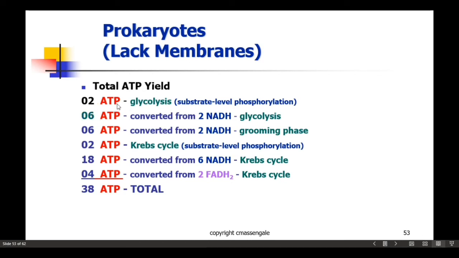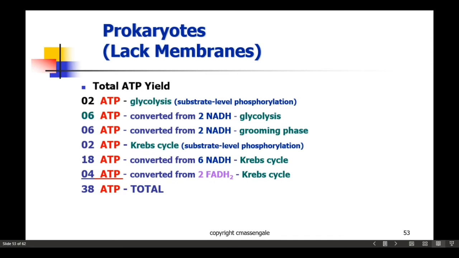And then still in glycolysis, there is a production of 2 ATP molecules through substrate level phosphorylation. The reason why this is equivalent to 6 molecules of ATP is because, again, these cells lack membranes. So the NADH molecules do not need ATP molecules anymore in order for them to be processed in the electron transport chain.